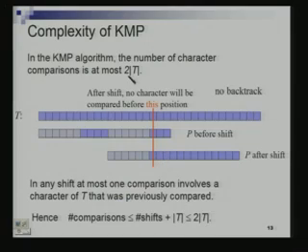If a character is part of an unsuccessful comparison, it might be compared again, right? But it results in a shift. So every unsuccessful comparison results in a shift. So total number of shifts, since it can be no more than the size of the text, total number of unsuccessful comparisons can be no more than the size of the text. So the total number of comparisons therefore is at most 2 times the size of the text.